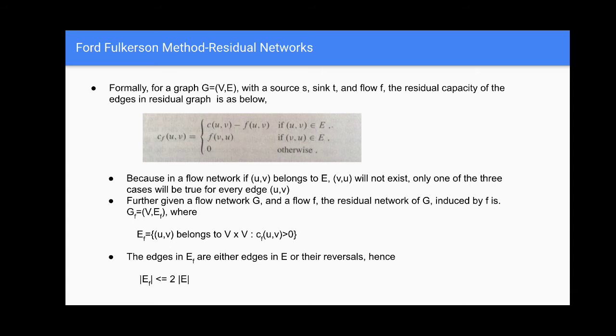Because in a flow network, if (u,v) belongs to E, (v,u) will not exist. Only one of the above three cases will be true for any given edge (u,v).